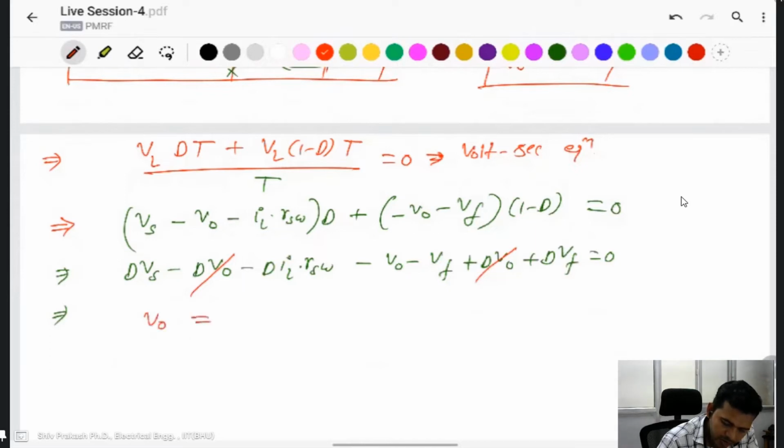Then find V naught: V naught equals dVs minus d IL into RSW minus VF (1 minus d).